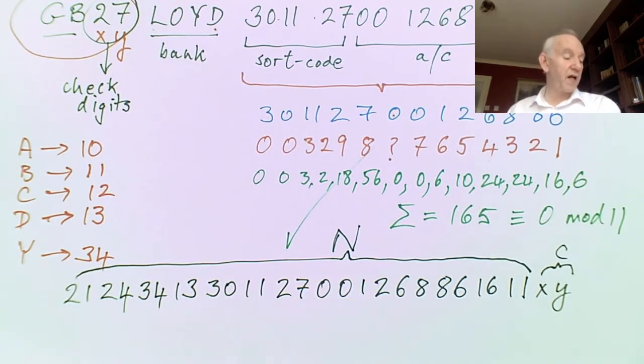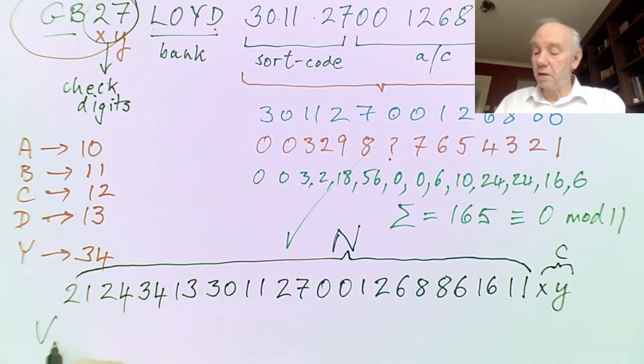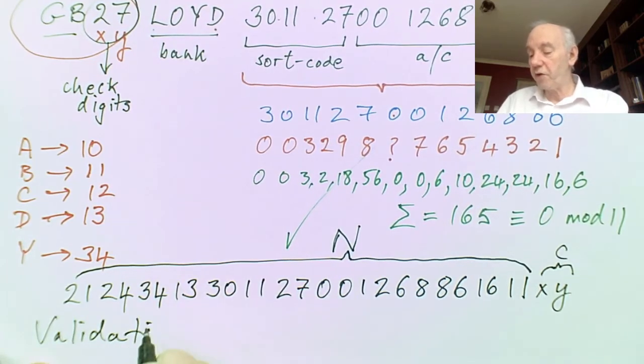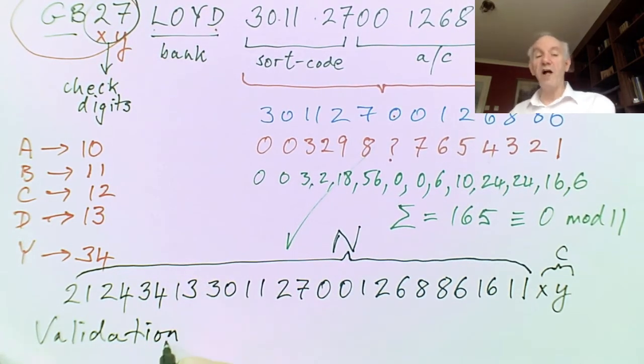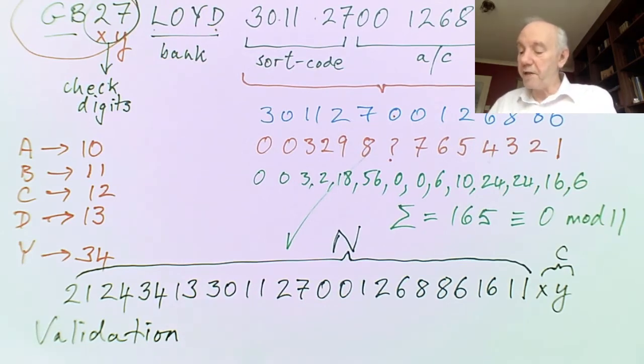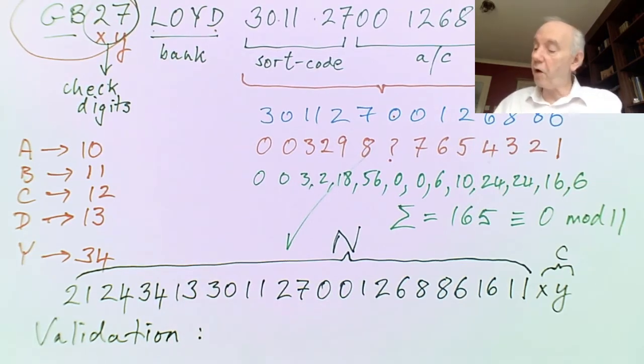So now the validation equation that we need to be satisfied if this is to be a correct IBAN is simply that we want this whole number, as I've written it on the paper, as a decimal, as a number to base 10, we want this to be congruent to 1 modulo 97.